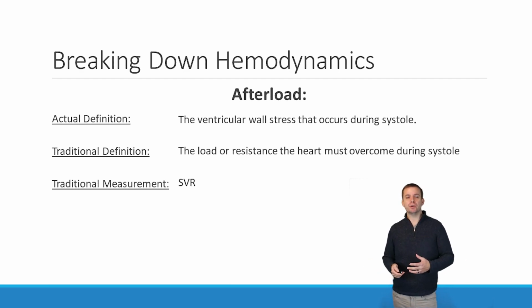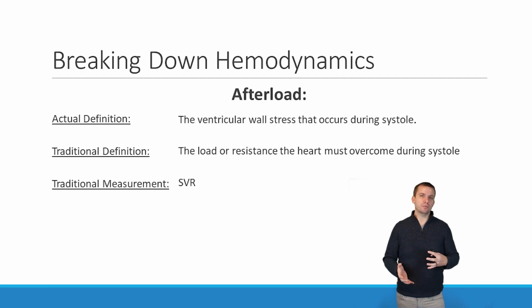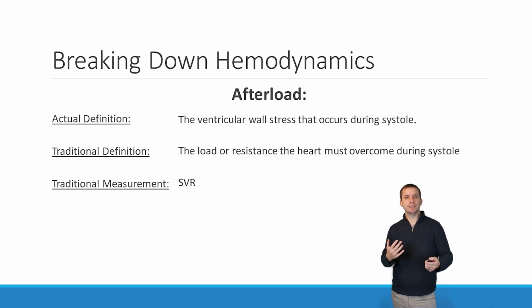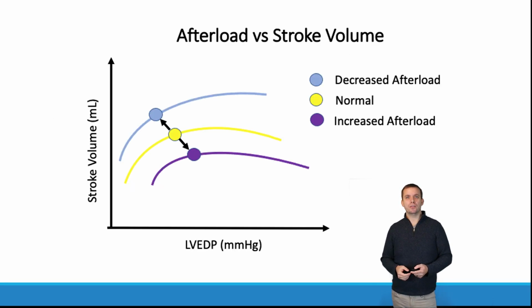And the traditional measurement is the SVR, or systemic vascular resistance, which focuses on what the heart has to push against and doesn't really focus on the actual wall stress. If you look at afterload by the actual definition, you can see how we do certain things the way we do, because we're trying to manipulate the afterload through the actual definition.